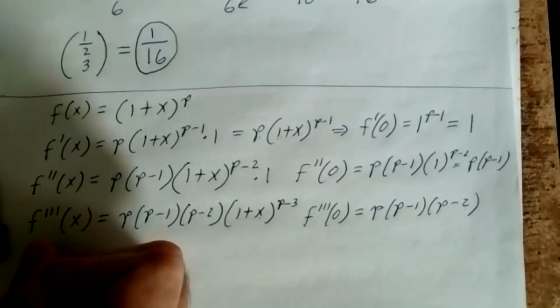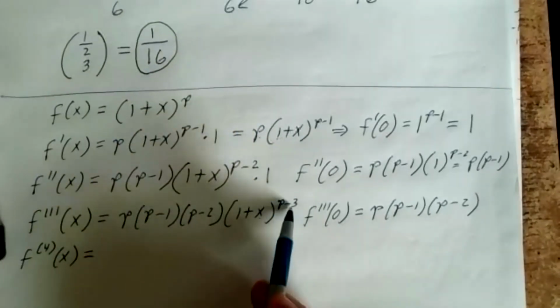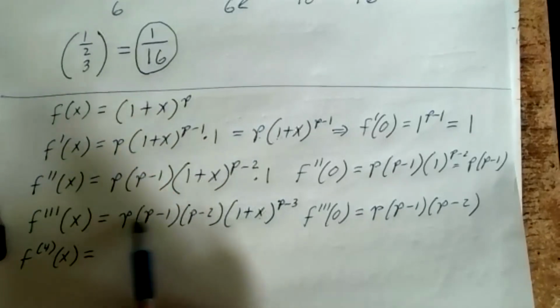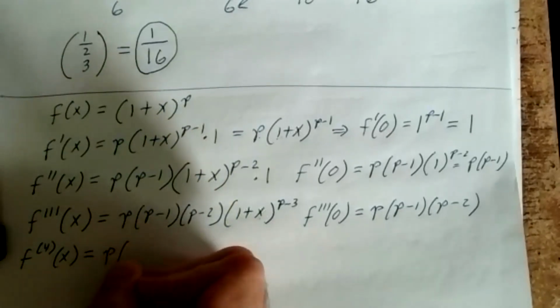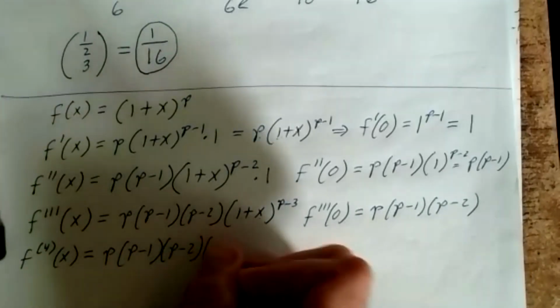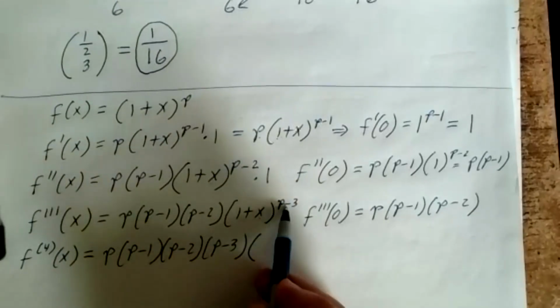Finally, our fourth derivative is going to have me bringing this exponent p minus 3 down in front and multiplying it by all the other factors that are already out there. So we're going to have p times p minus 1 times p minus 2 times p minus 3 times our blob raised to a power decreased by 1.